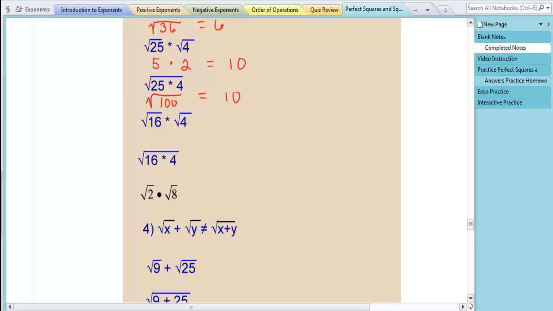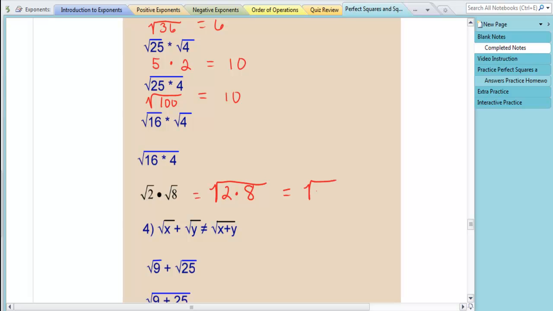Now this next problem is a great example of when we use this property. Here we have the square root of 2 times the square root of 8. Well, what's the square root of 2? It's just the square root of 2, right? You can't take the square root of it. It's not a perfect square. There's no whole number times itself that equals 2. What about the square root of 8? Same thing. You cannot take the square root of 8 because there's no whole number times itself that equals 8. But we can multiply these, since we know that that's the same thing as this, where we multiply under the square root first.